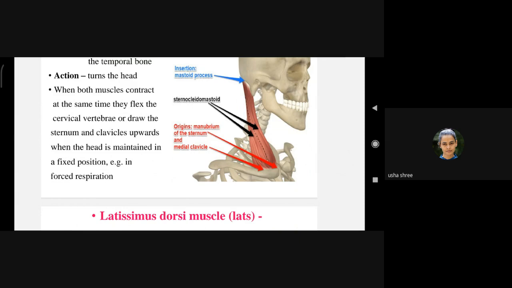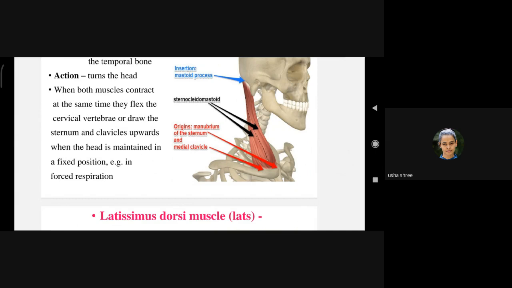It's long and twisted. When both muscles contract at the same time, they flex the cervical vertebrae or draw the sternum and clavicle upward when the head is maintained in a fixed position. Example in forced respiration.